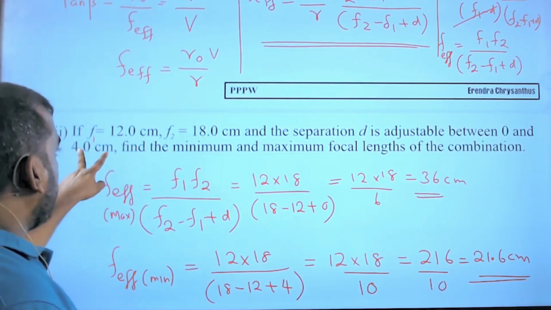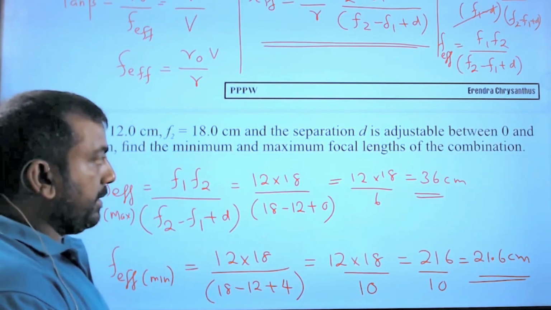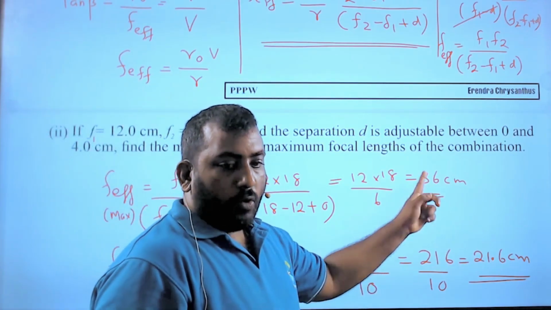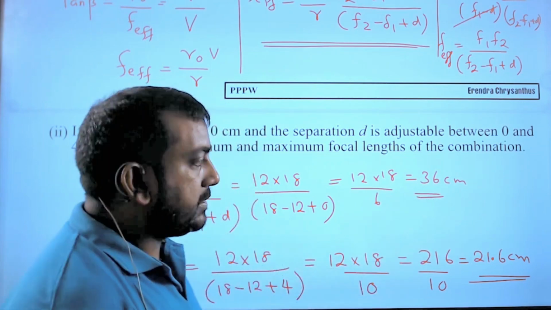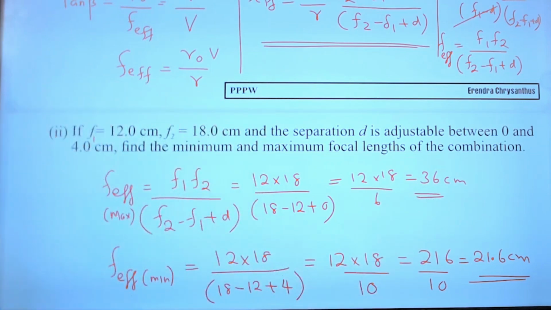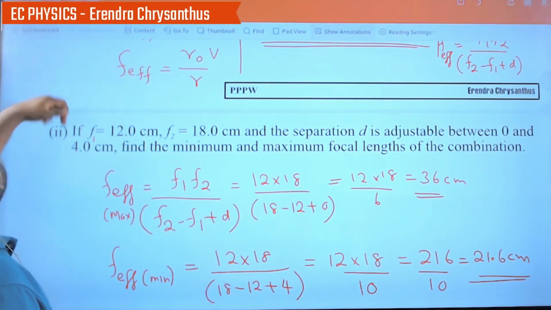For a small change of 4 centimeters, focal length changes from 36 to 21.6. Okay. Right.